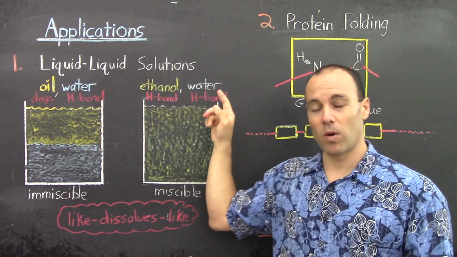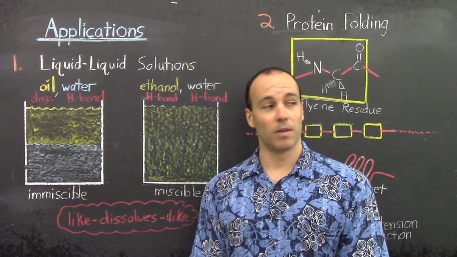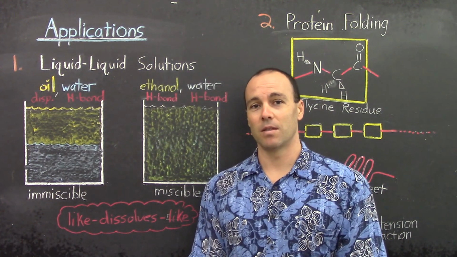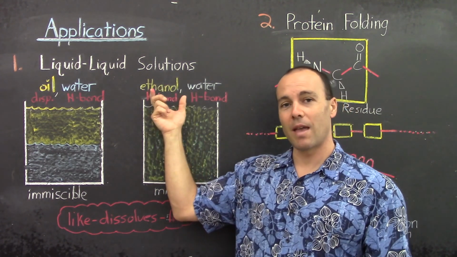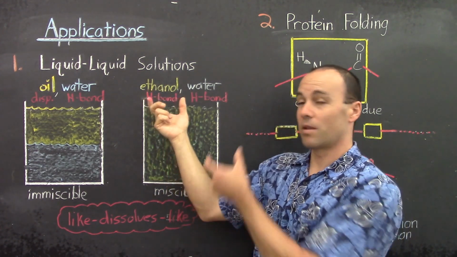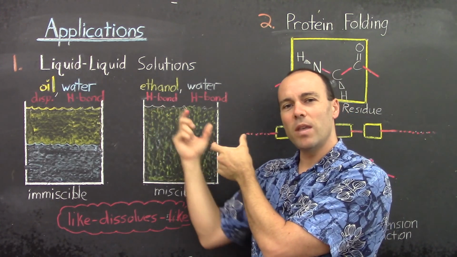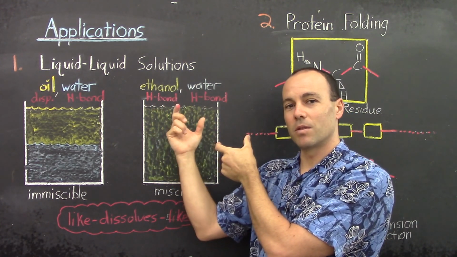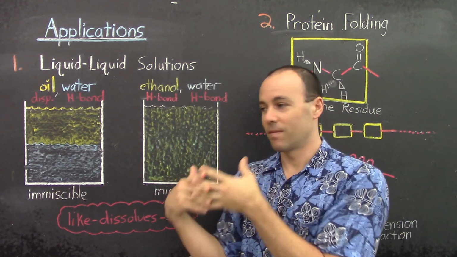Now, alcohol and water, on the other hand, are both very polar fluids and have the capability to hydrogen bond. And the hydrogen bonds on the alcohol interact with those on the water. And those interactions between these two molecules are what allow the fluids to mix together.